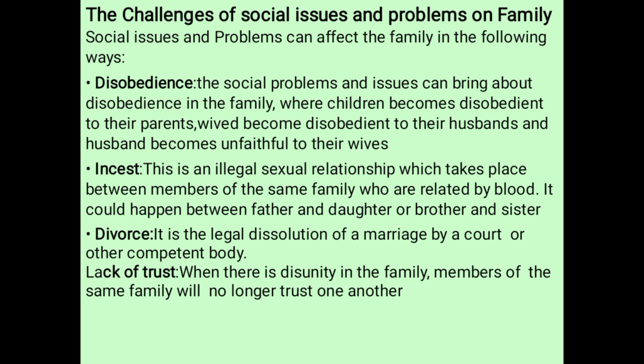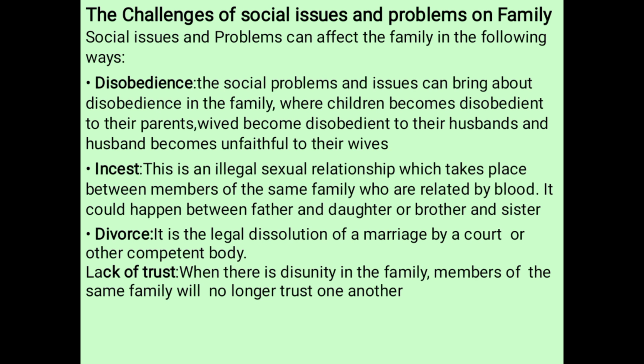Another one is incest. There is an illegal sexual relationship which takes place between members of the same family who are related by blood. It could happen between father and daughter or brother and sister.